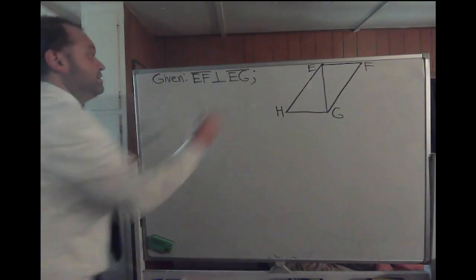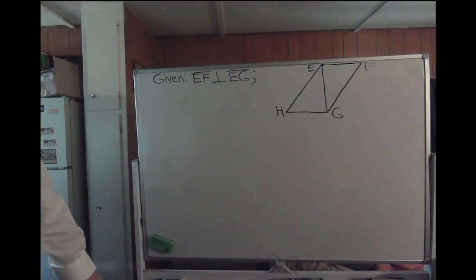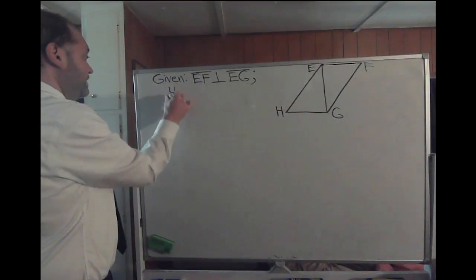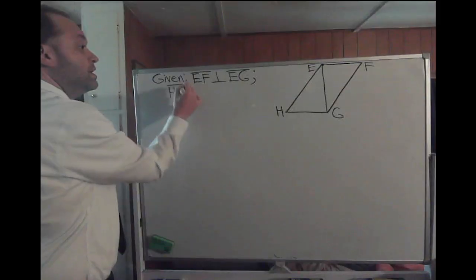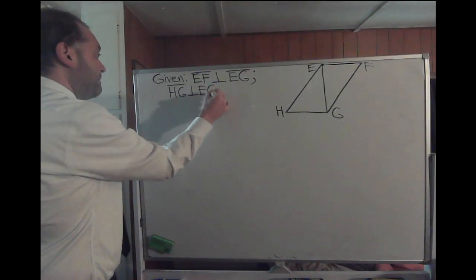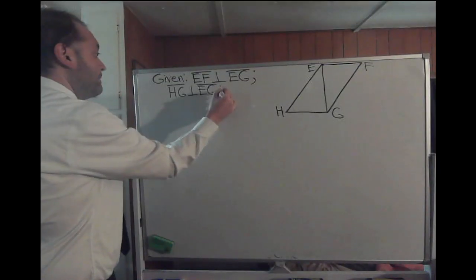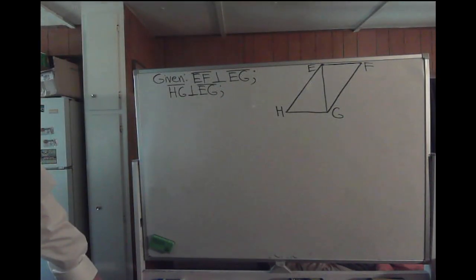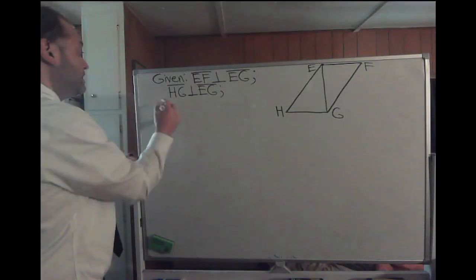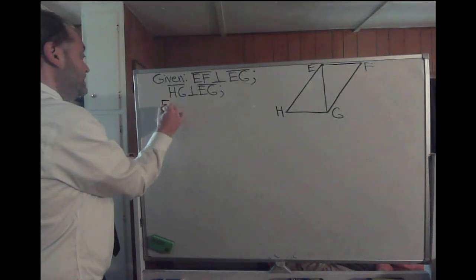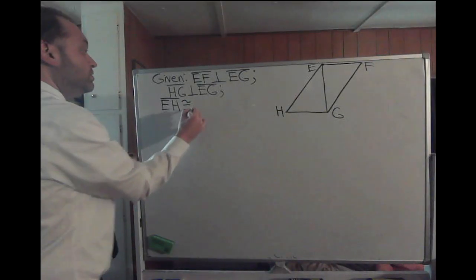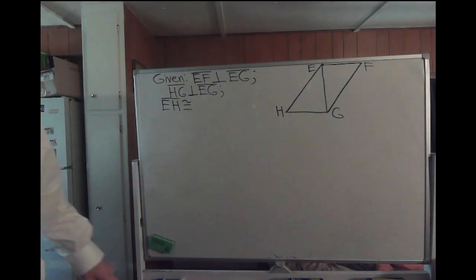What else are we given? We're given that HG is perpendicular to EG. We're given one more piece of information. We're even given that EH is congruent to GF.